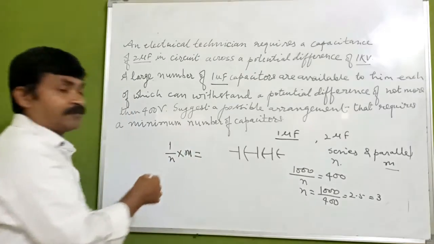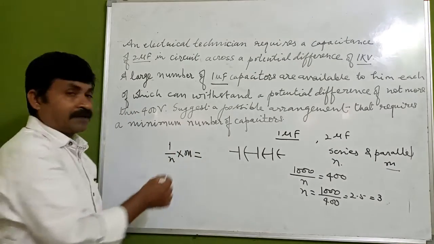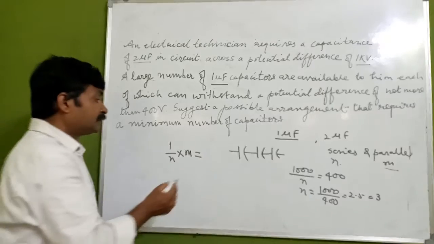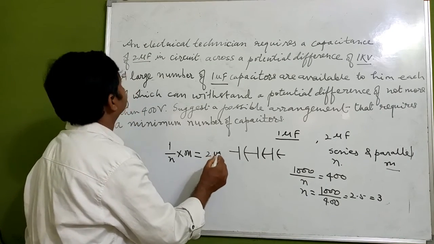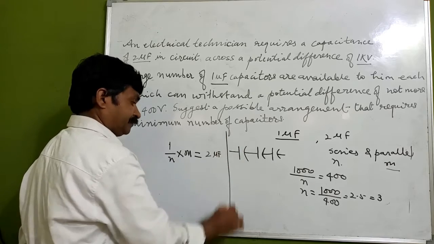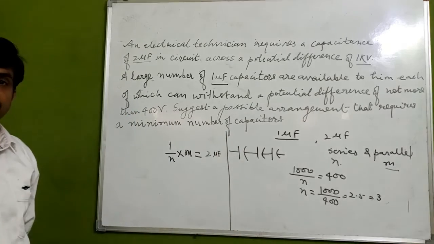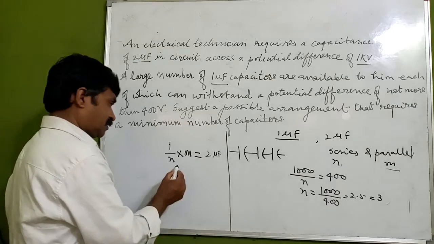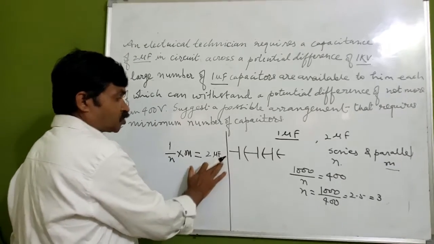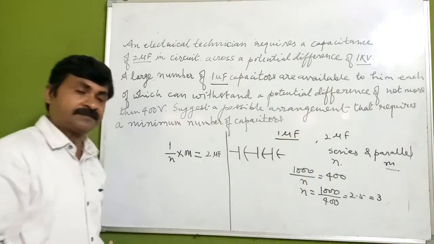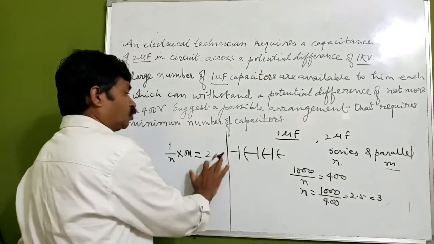So it will be 1 upon n multiplied with m. Here we are having 2 microfarad capacitance required, so it is going to be 2.